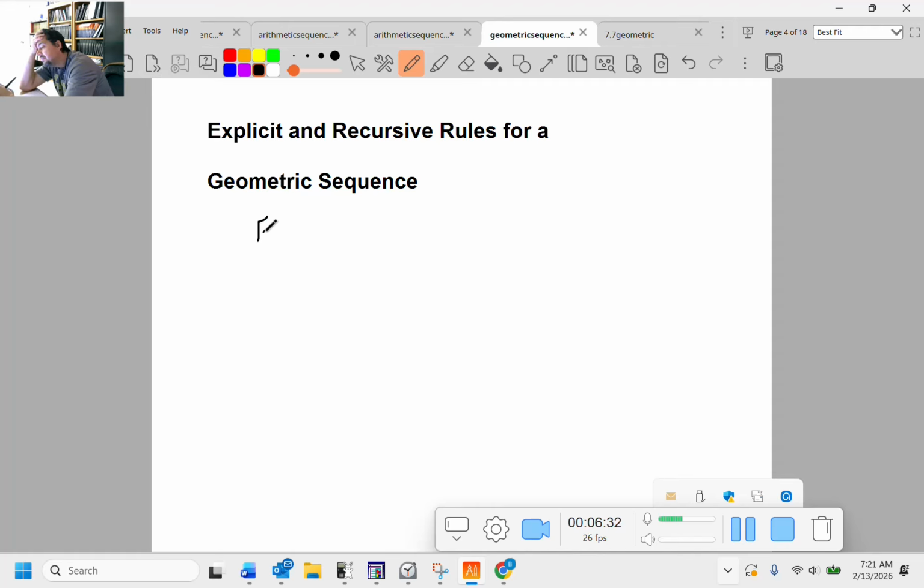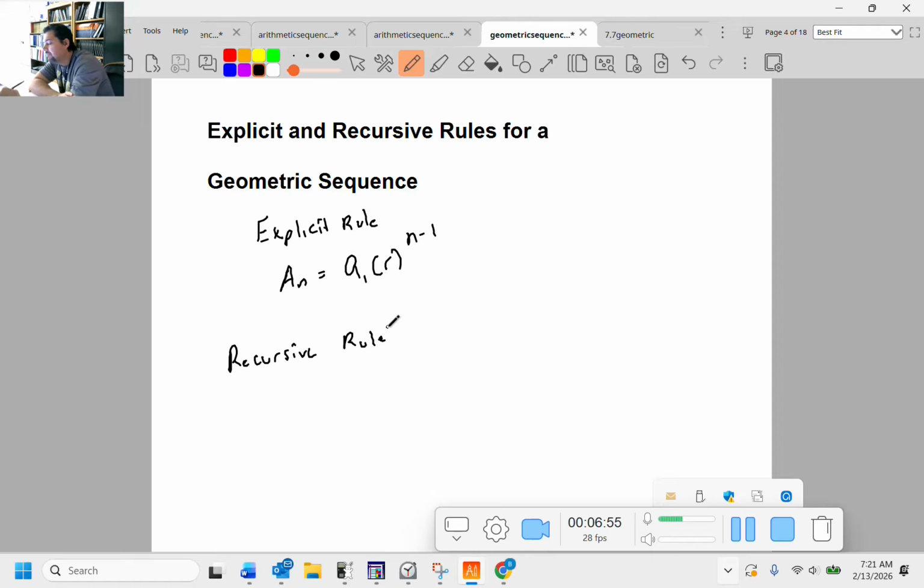Explicit and recursive rules for geometric sequence. The explicit rule, which is the straight and to the point, is a sub n is the first term times r raised to the n minus 1. And the recursive rule starts off a lot like the arithmetic one.